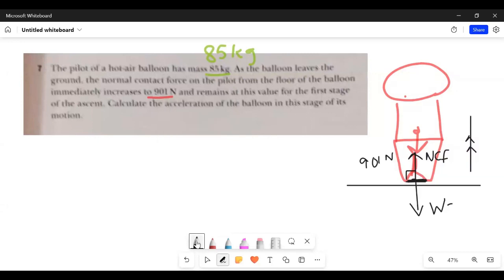So weight is mg, always mass times gravitational acceleration, which is 10 in maths, not 9.8. So this should be 850 newtons. Now the question is asking for acceleration. How do we find the acceleration?